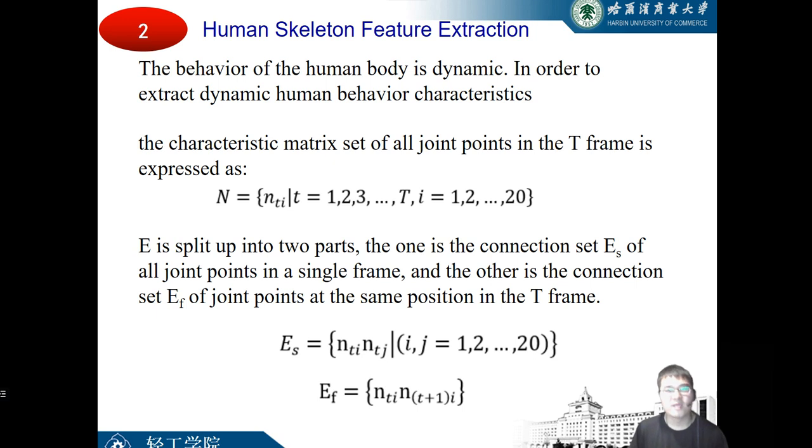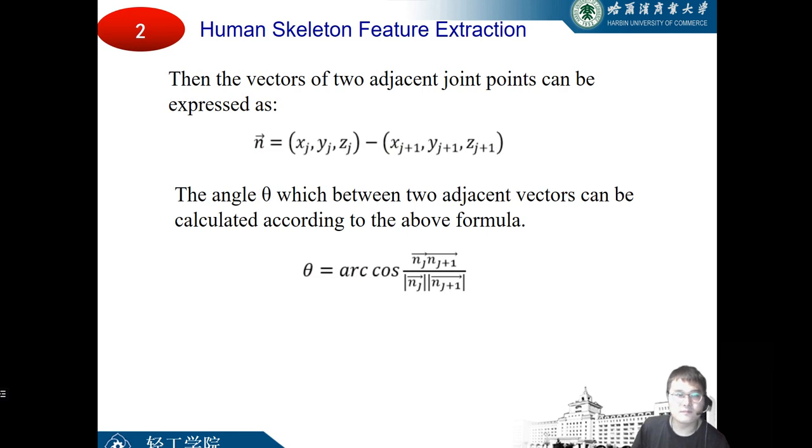The one is connection set ES of all joint points in a single female, and the other is the connection set EF or joint points at the same position in the T female. Then the vectors of two adjacent joint points can be expressed as this. The angle state, which between two adjacent vectors can be calculated according to the below formula.